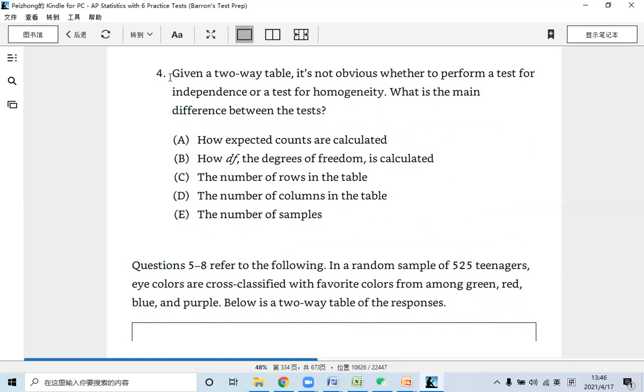Let's look at number 4. Given a two-way table, it's not obvious whether to perform a test for independence or a test for homogeneity. What is the main difference between the tests?